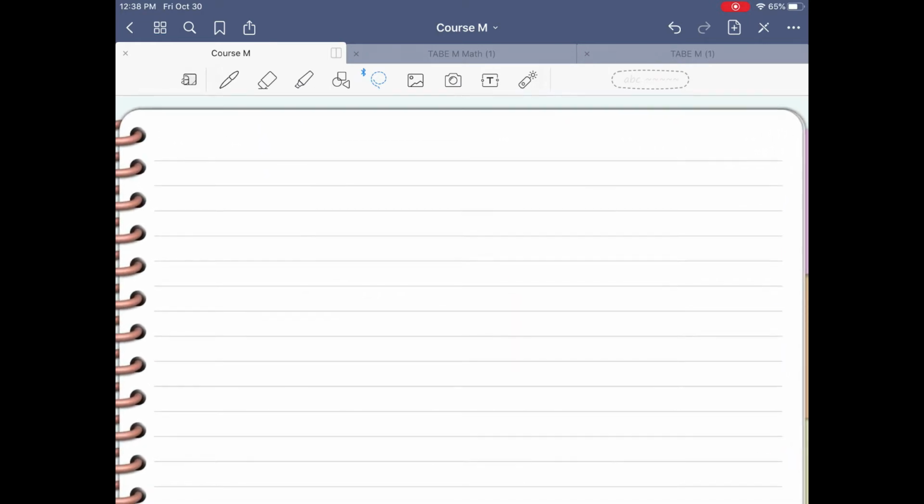Here is example 3. I'm not going to write the steps this time. Let's do 1/6 plus 1/4. We want to know what that equals.